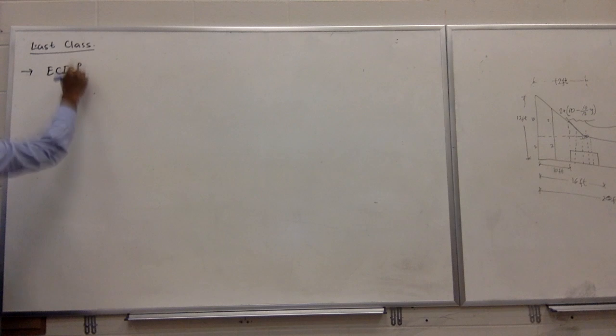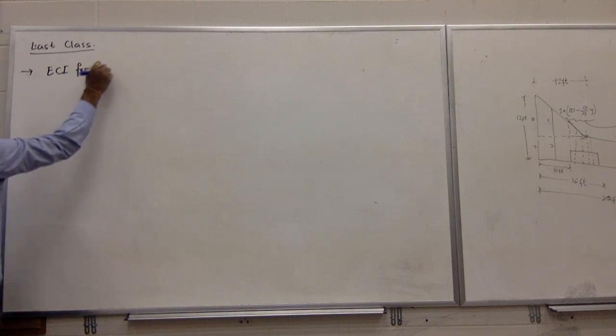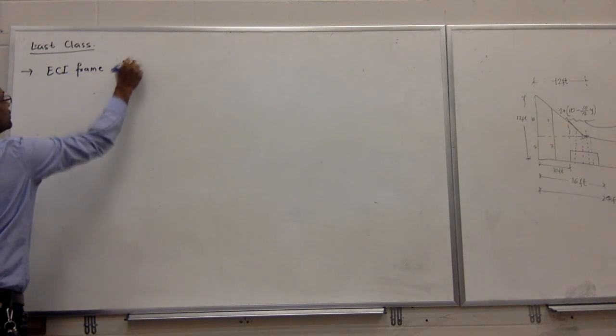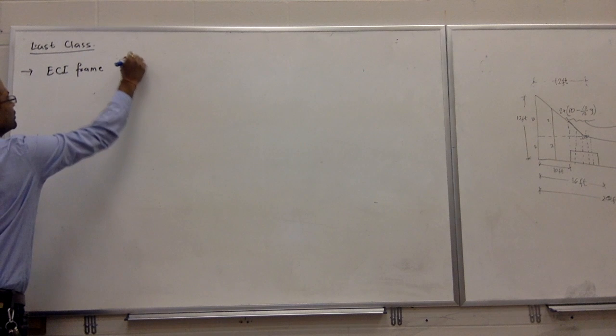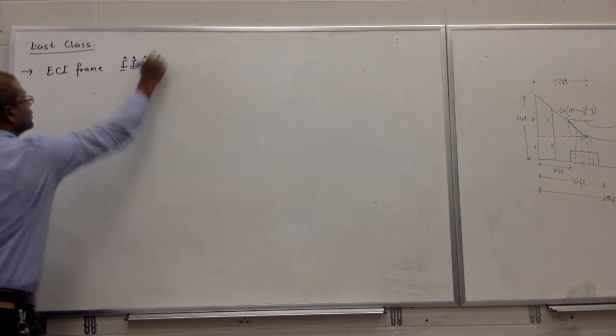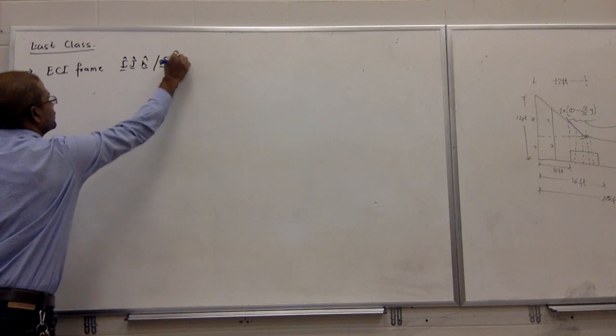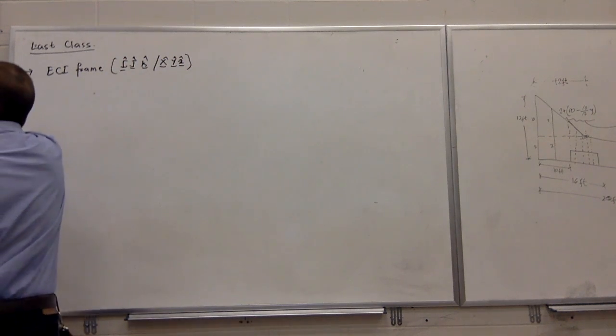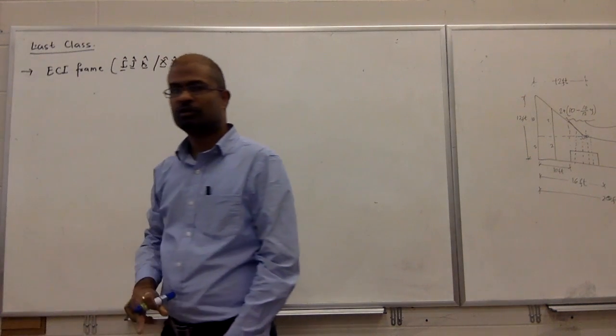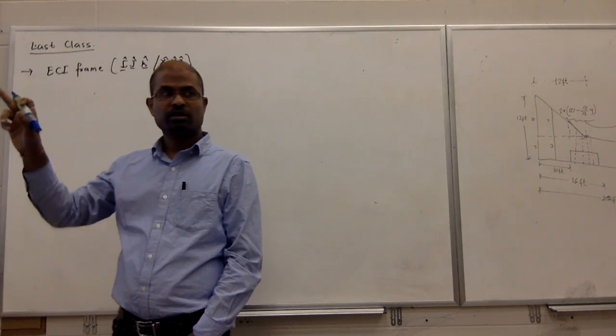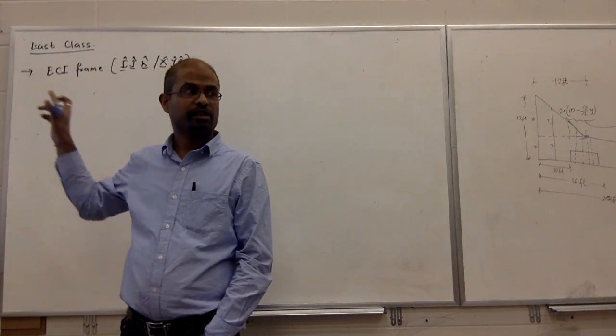ECI frame. Here in this figure is the ECI frame, and the vector R is coordinatized in this ECI frame.